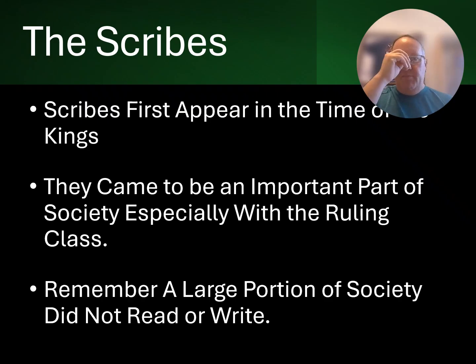And so I don't know if that would include the kings, maybe some kings, but if a king could not read or write, well, you can imagine having scribes that could write down the history of your reign, to record important events and so forth.